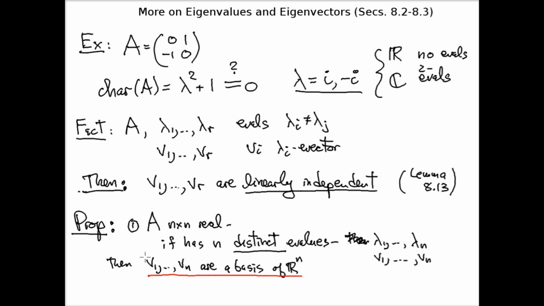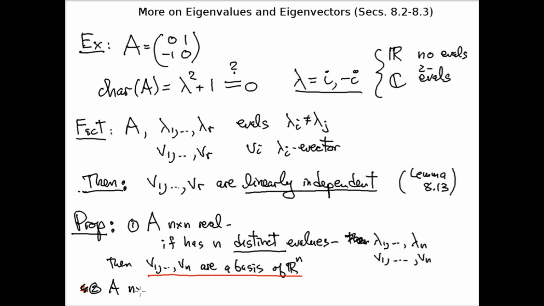There's the standard basis or many other choices. There's a particular choice of basis which is extremely convenient if you're working with the matrix A, and that is given by these vectors with distinct eigenvalues.